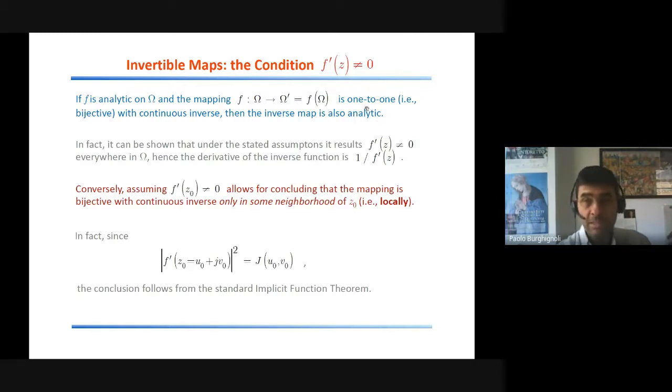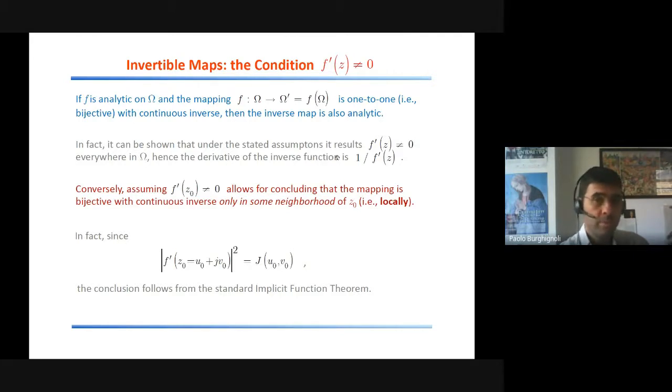is known in advance to be one-to-one, that is, a bijective mapping. That is not always the case, but if you know that this is the case, and you also know that the inverse exists and is continuous, then the inverse map is also an analytic function. That's easy to establish because under these assumptions it is easy to see that the first derivative f prime of z is different from zero everywhere in omega, and therefore you can calculate the derivative of the inverse function.